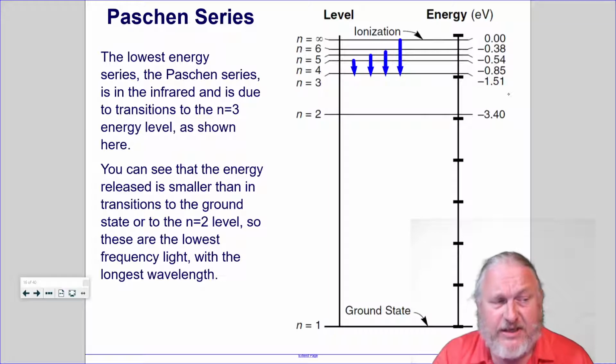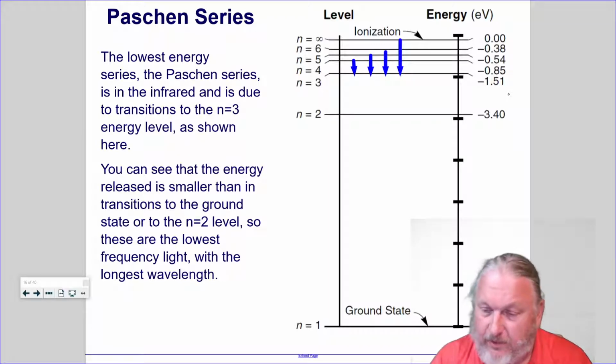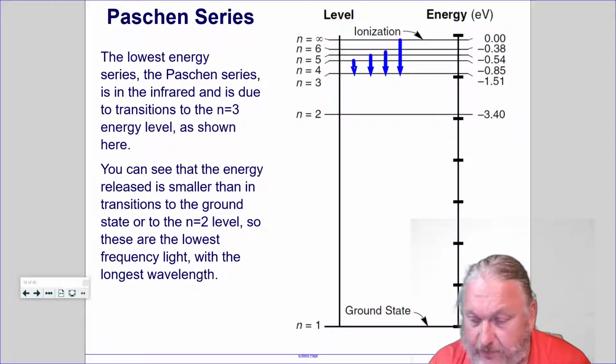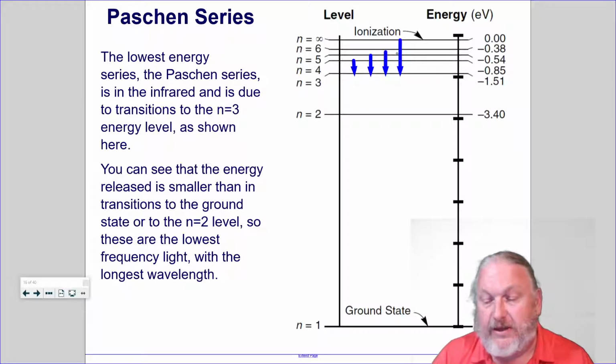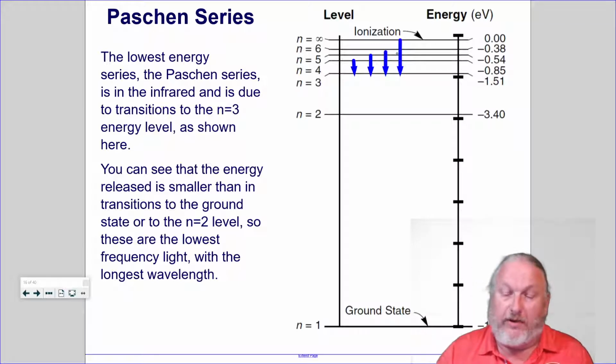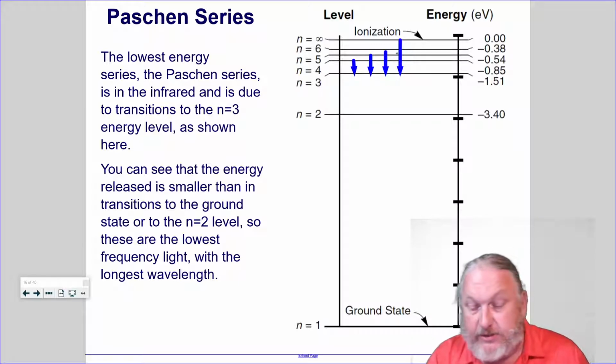Paschen series, same thing. All right, you're going down to N3. So these electrons are moving from 4 to 3, 5 to 3, 6 to 3, and so on and so forth. Now you can see that the energy release is smaller than when you go down to the ground state or to the N2 level.